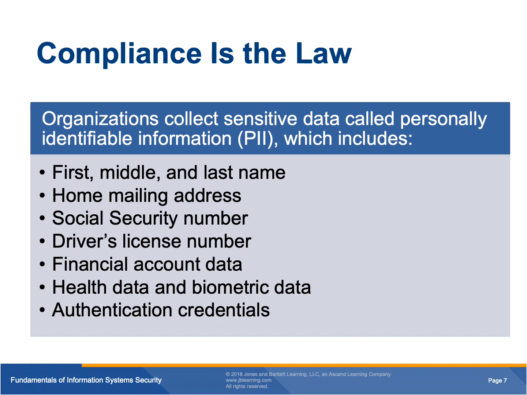Personally identifiable information includes your first, middle, and last name, your home mailing address, your social security number, your driver's license, your Medicare card number, your financial account data, all your health data, biometric data, and all your authentication credentials, so the user IDs and passwords that you're using to connect to the various systems. These are all considered PII, and they are covered by many of the laws, regulations and standards that we have to deal with.